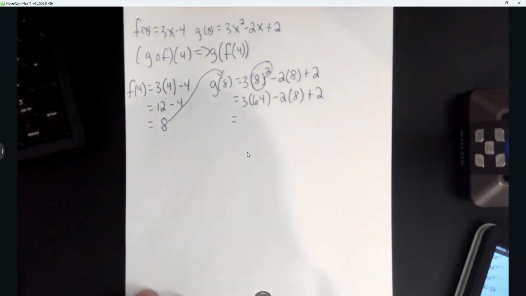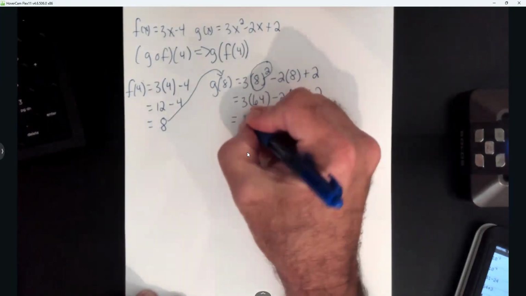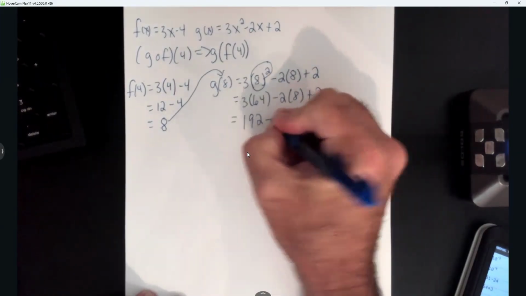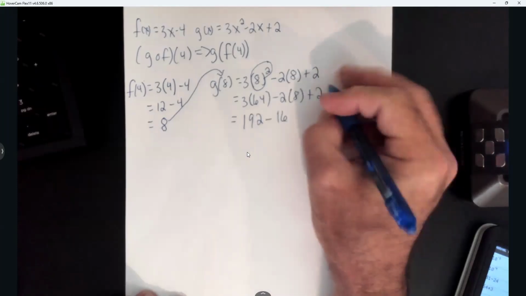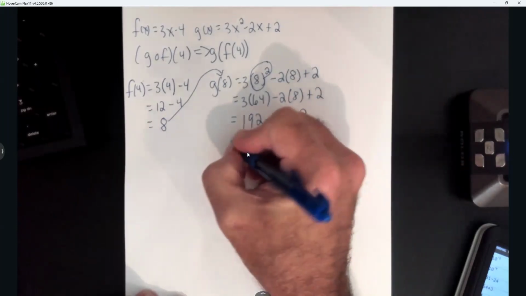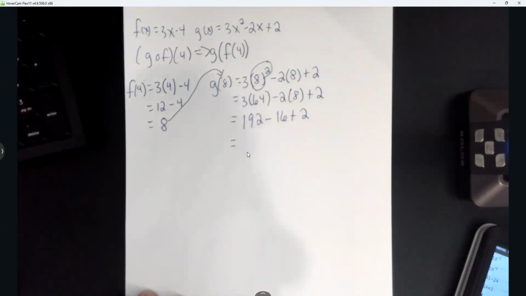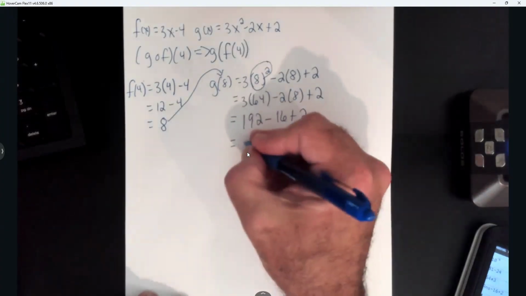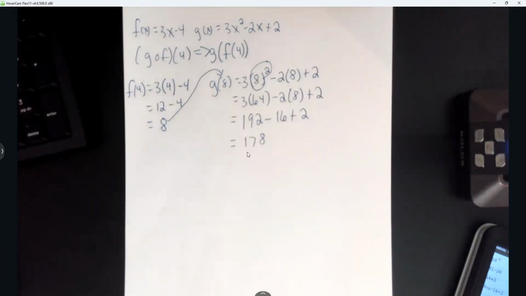Let me see what 64 times 3 equals. That's going to give me 192, minus 2 times 8 is 16, plus 2. So 192 minus 16 plus 2 gives me a final answer of 178.